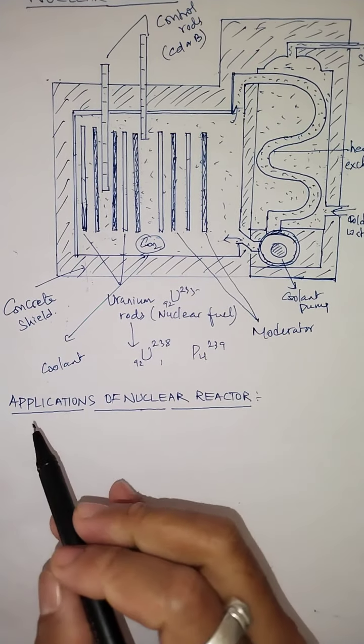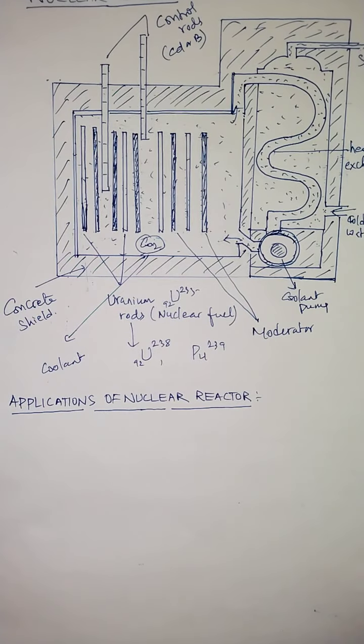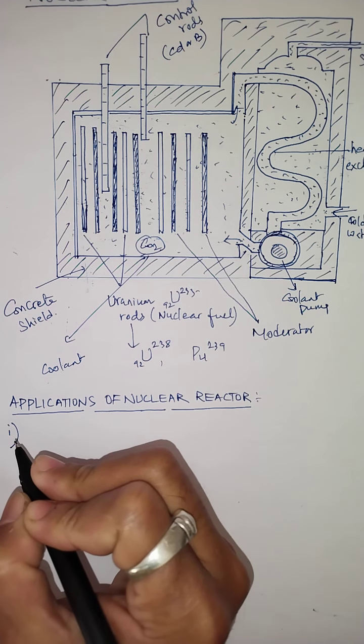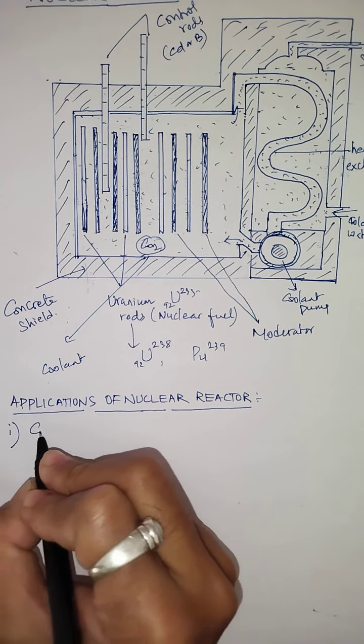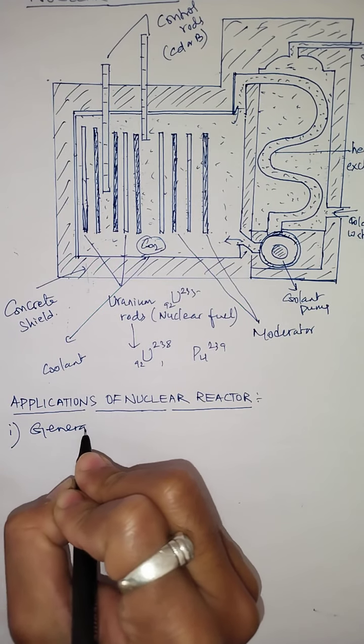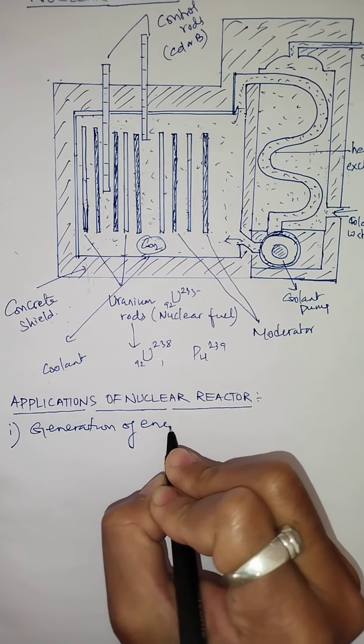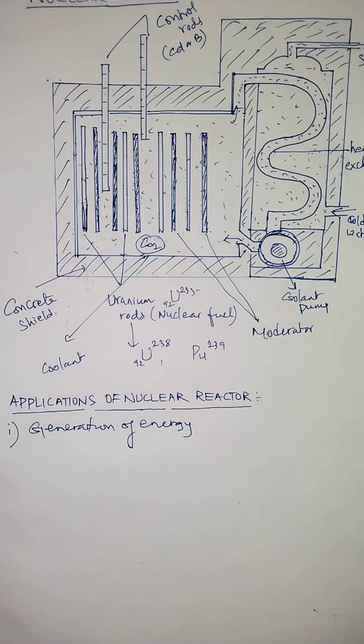Now children, we will discuss some applications of this nuclear reactor. The nuclear reactor finds many applications in our day-to-day life, but there are a few that I want to discuss, and one of the most common, as I said, is the generation of electricity, basically electrical energy.